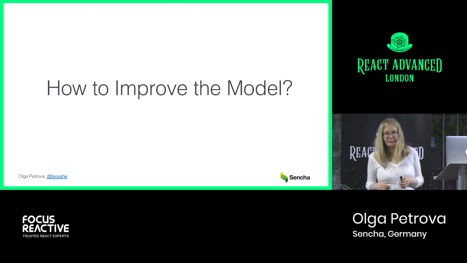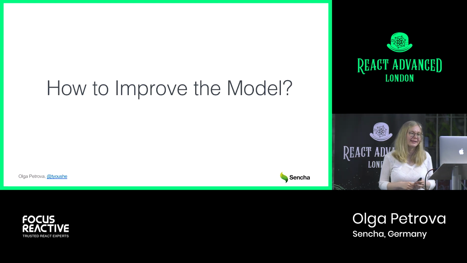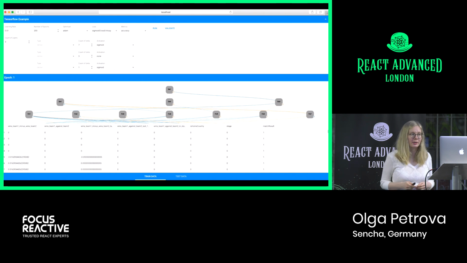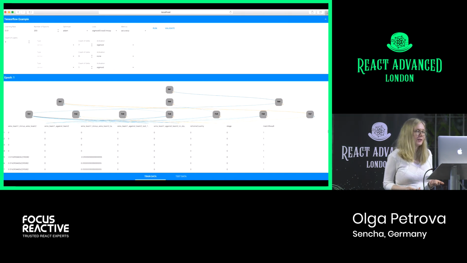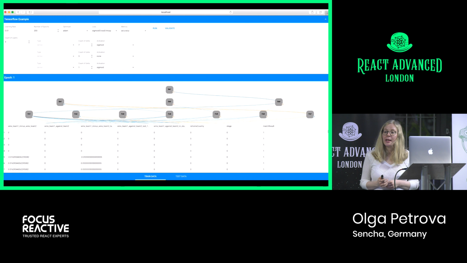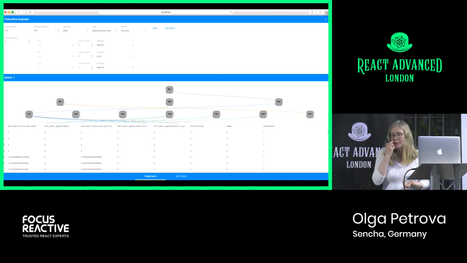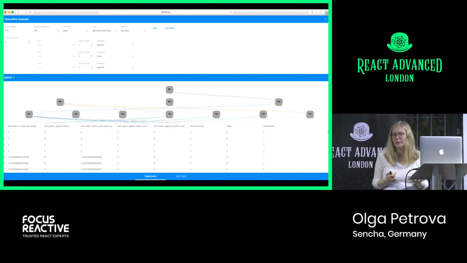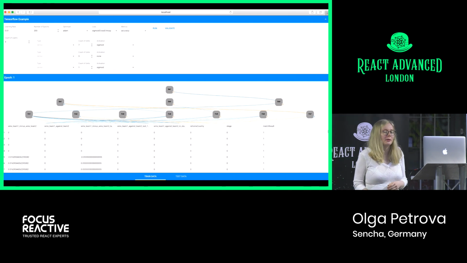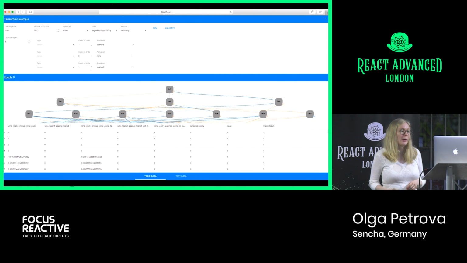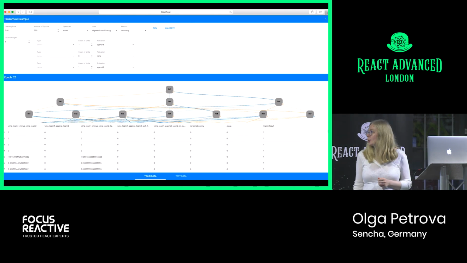So let's do the fun part and try to improve my model. I will not do it live. I just recorded these videos and sped them up a bit, but you have seen that the whole training process takes like 2 minutes, maybe 3. Of course, my original idea was to add more layers to my model.